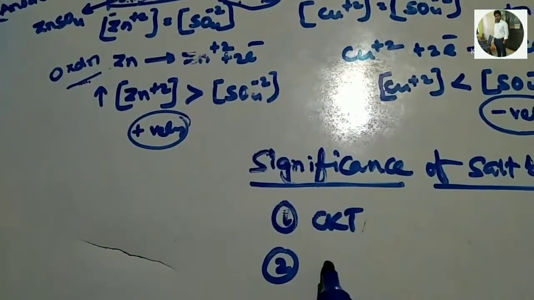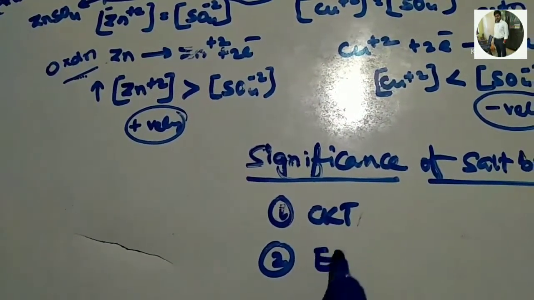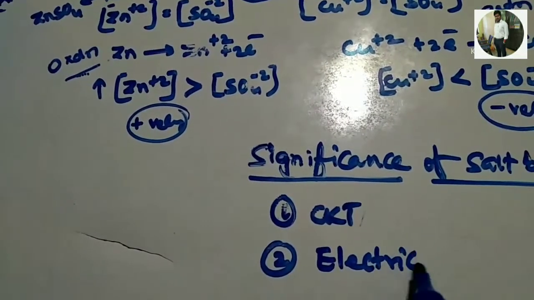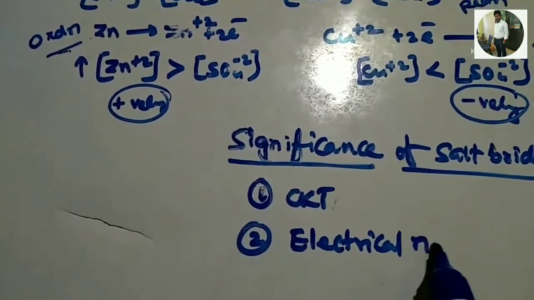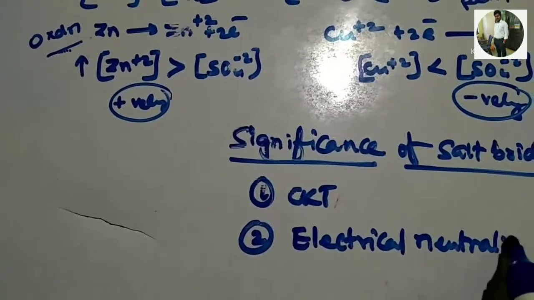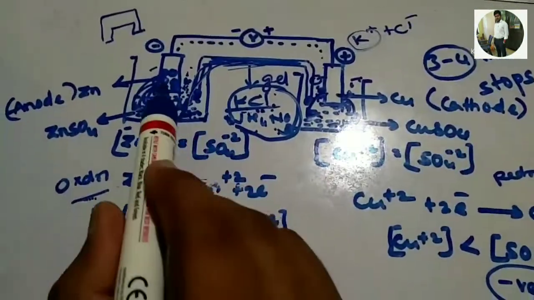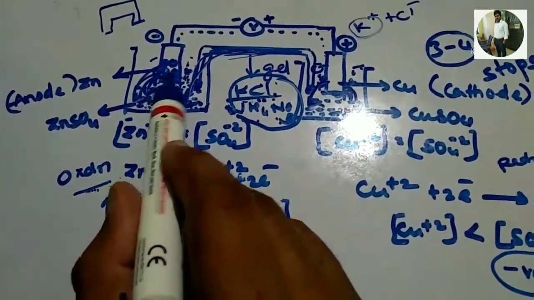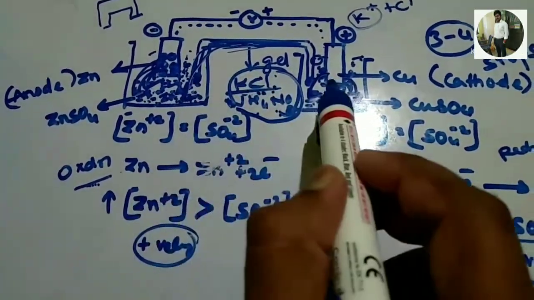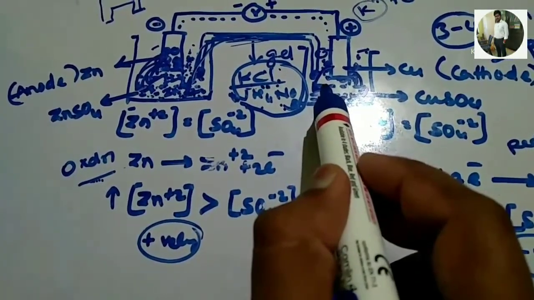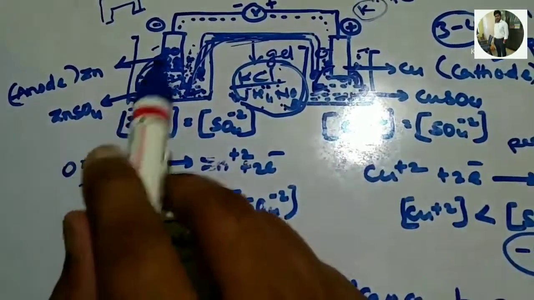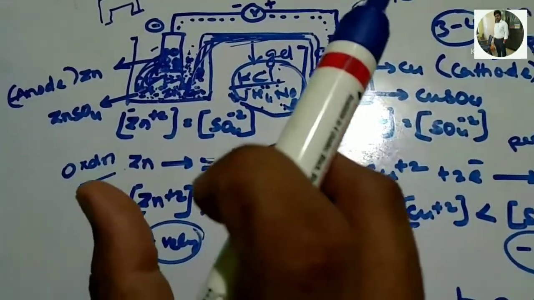And the second one is that it will maintain electrical neutrality. Electrical neutrality means that where Zn plus 2 ions are there, it will send Cl minus ions, and where SO4 minus 2 ions are there, it will send K plus ions. So positive and negative charges are balanced.